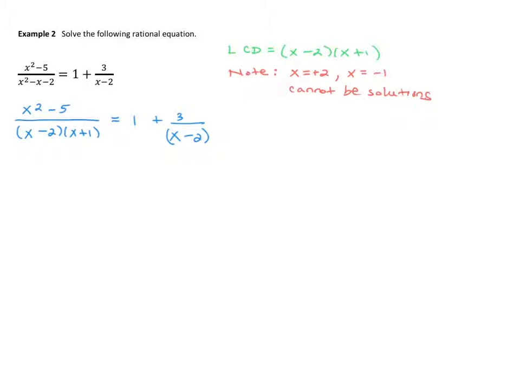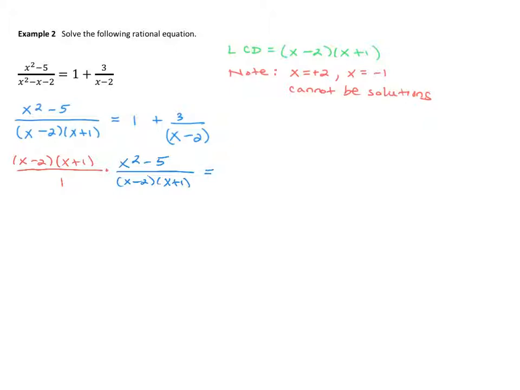But going back to the previous example, I'm going to take this least common denominator and multiply it to every single term. We have x minus 2 times x plus 1 over 1. That's multiplied to our first fraction, x squared minus 5 over x minus 2 times x plus 1.